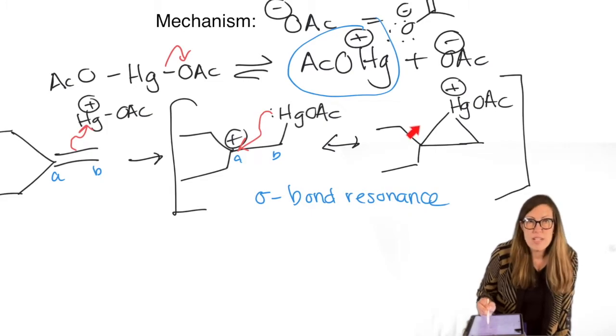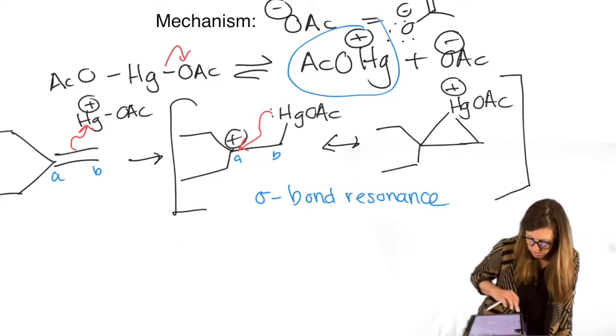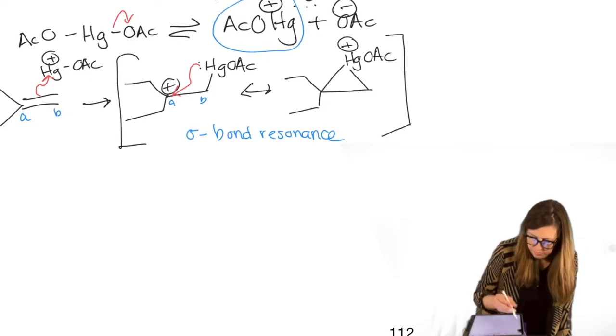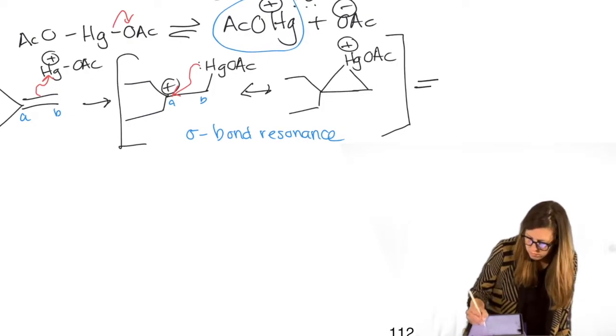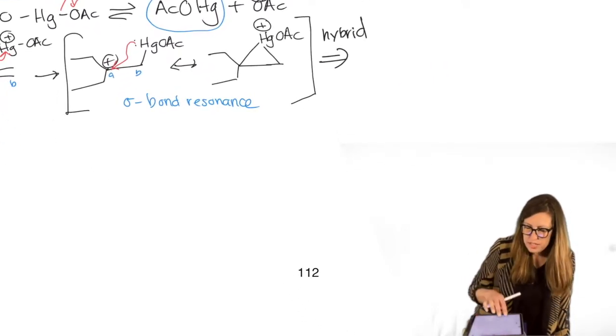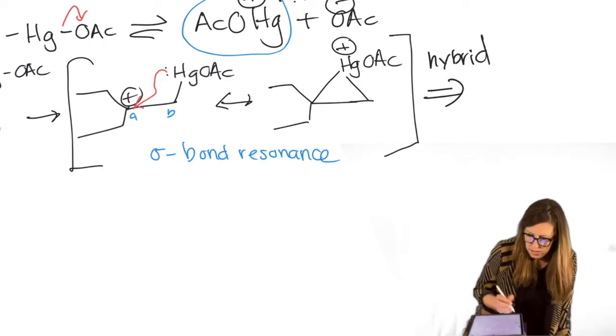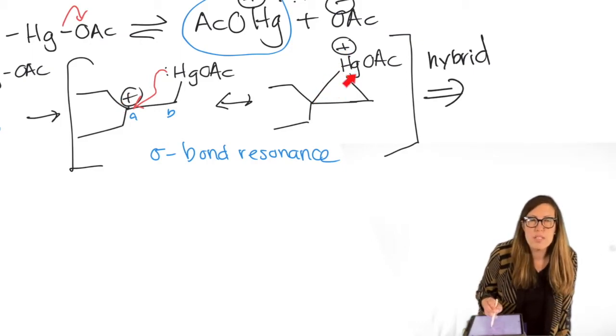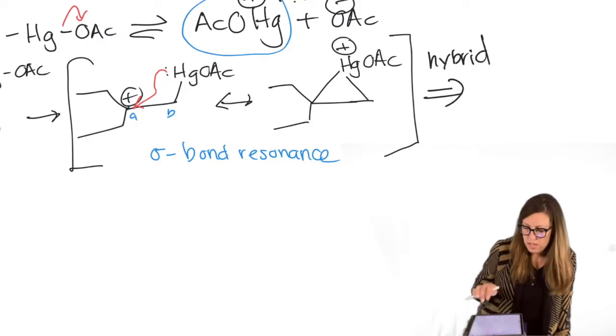And like all resonance structures, we can draw a hybrid. So let's draw the hybrid. Remember, a resonance hybrid is the average of the two. So we take everything that's always there, those get solid lines. The charges are not always there, so those get deltas. And then this is the one bond that's not always in both of them, so that gets a dotted line.